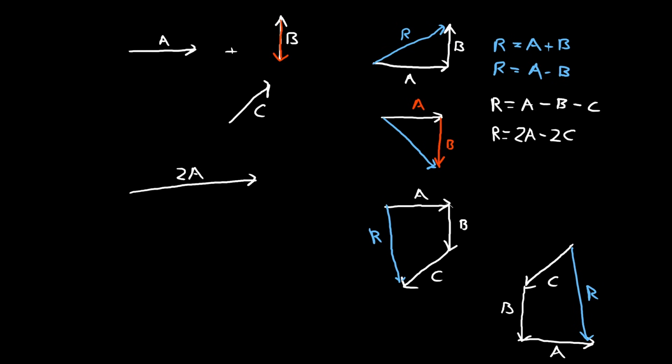And 2C is twice the length, but again, we have a negative sign in front, which means we're going to go in the opposite direction twice as long. This would be 2C, and the resulting vector would be from the tail of A to the head of C, which would be R.